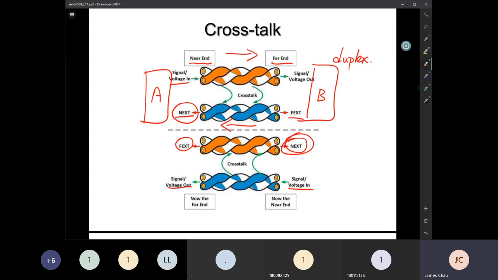Now, no matter whether it is rear end crosstalk or far end crosstalk, you need to suppress the crosstalk in the transmission, or otherwise your signal will become wrong.